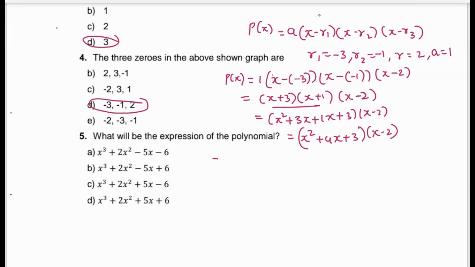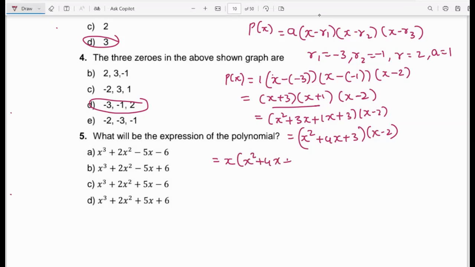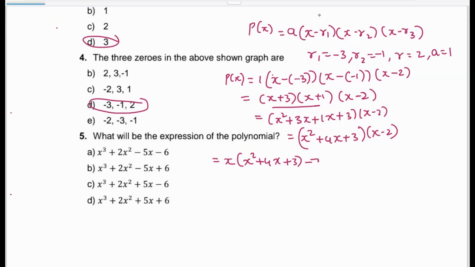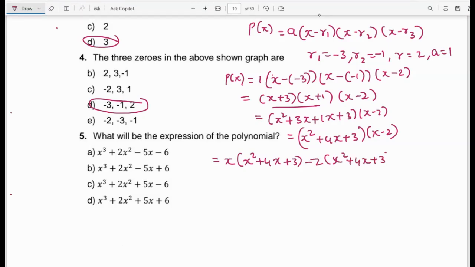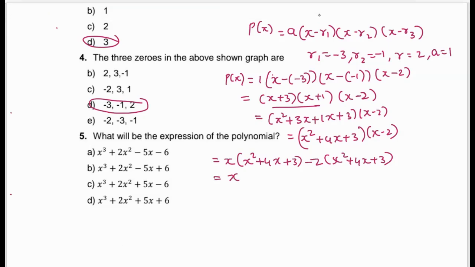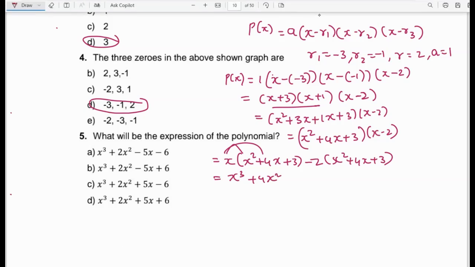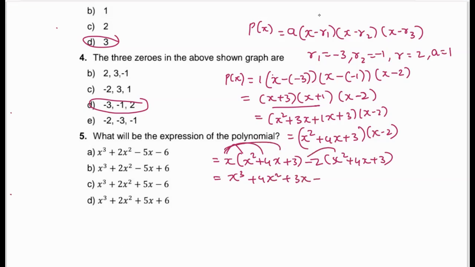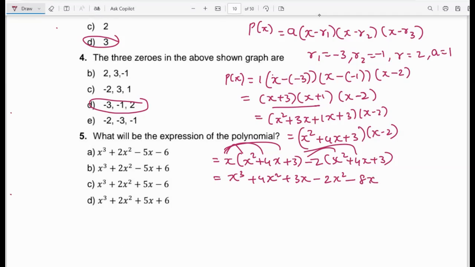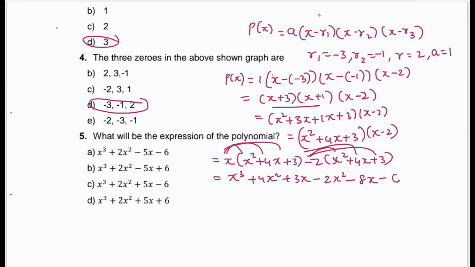Again, multiply x with the whole term, x square plus 4x plus 3. Then taking the second term, multiply -2 into x square plus 4x plus 3. Now you get x into x will be x cube, x into 4x will be 4x square, plus x into 3 will be 3x, minus 2 into x square is 2x square, minus into plus is minus, 2 fours are 8x, minus into plus is minus, 2 threes are 6.